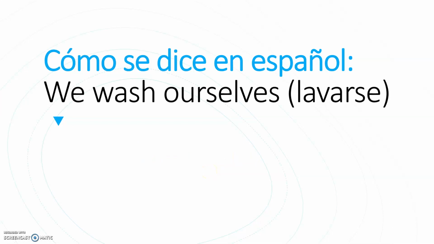How about another one? ¿Cómo se dice en español we wash ourselves? Lavarse. Okay, I hope you figured out that it's nos lavamos. The lavamos is in the nosotros form, and then the nos is the reflexive part. It indicates we're doing something to ourselves.